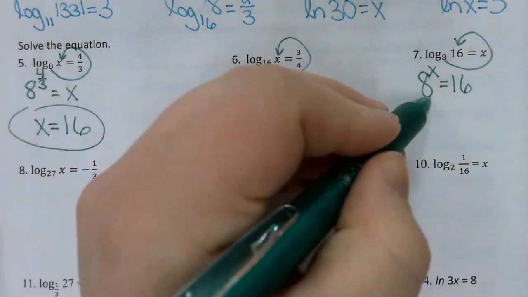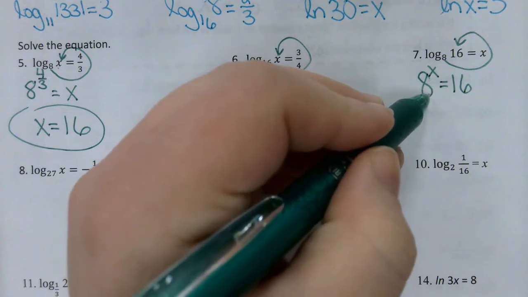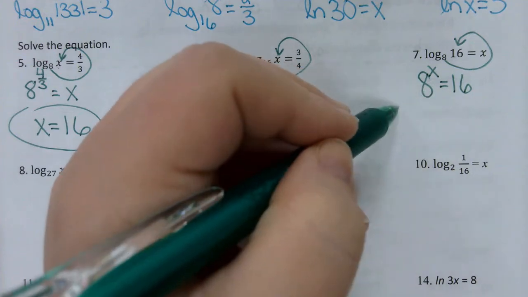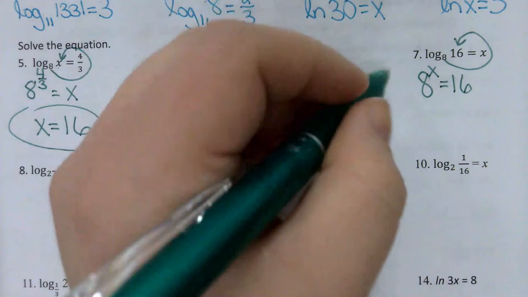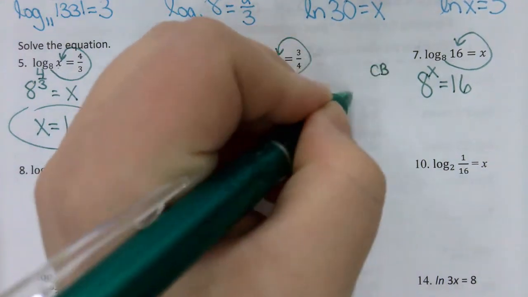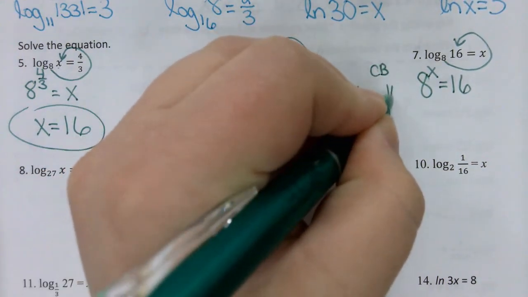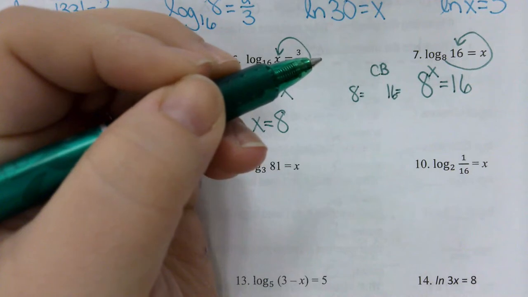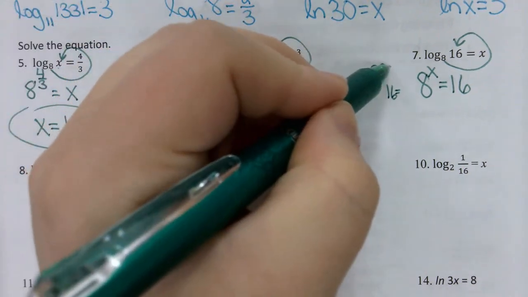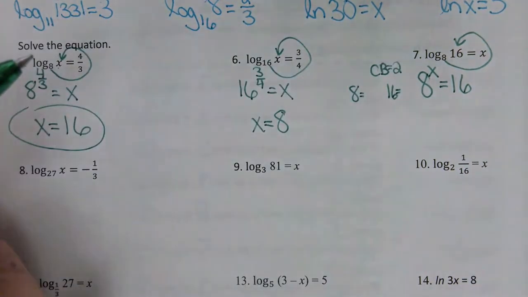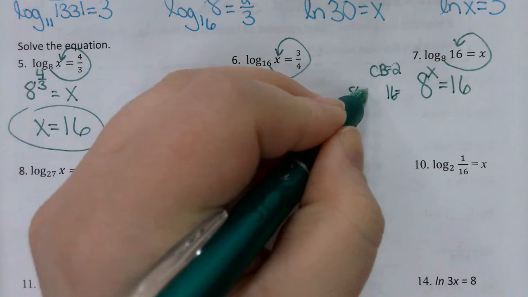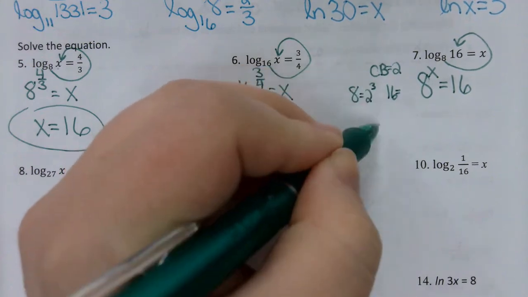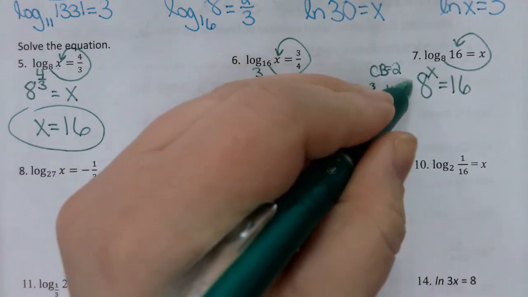Well, this now looks like an exponential equation that we did in our last skill. We can find a common base for 8 and 16. The common base for 8 and 16 would be 2. In fact, 8 is 2 to the 3rd power and 16 is 2 to the 4th power.